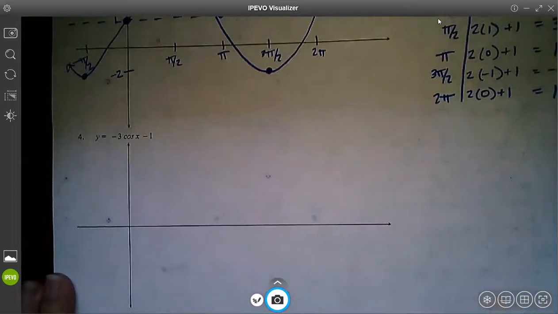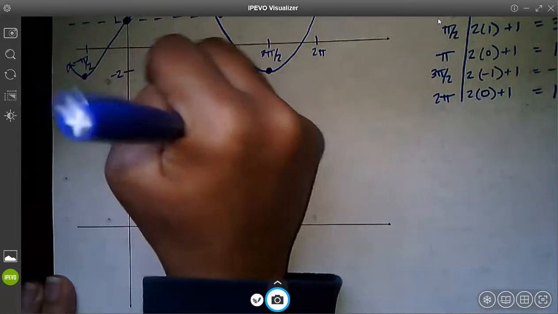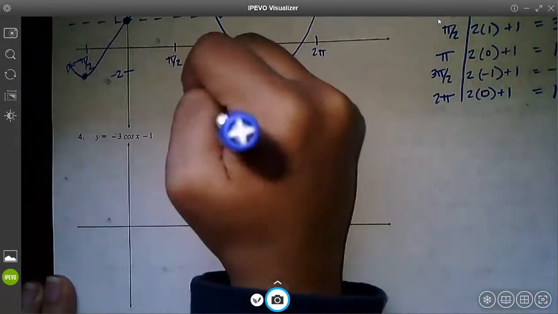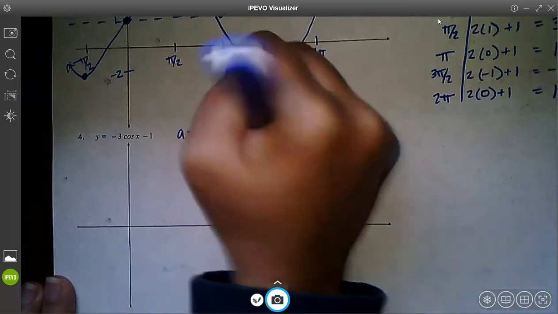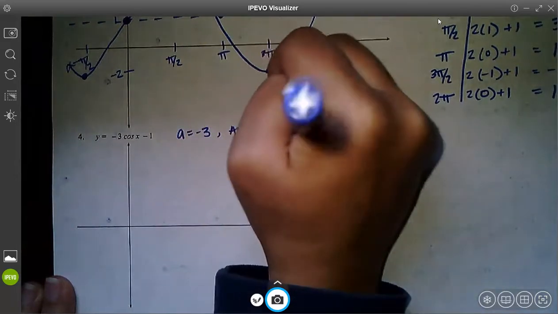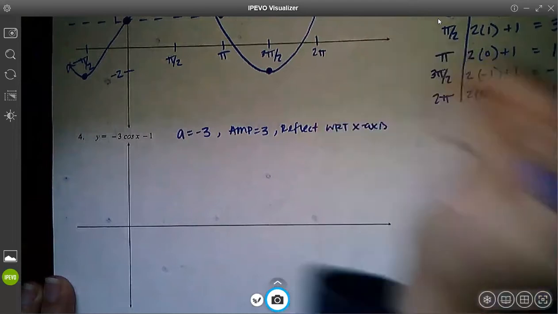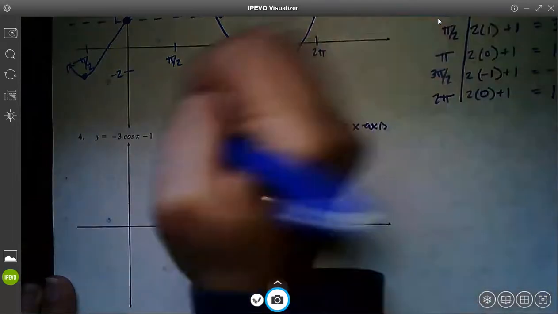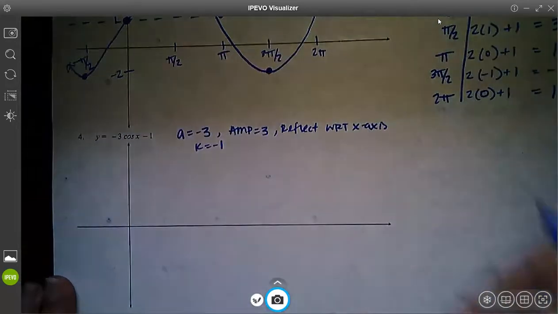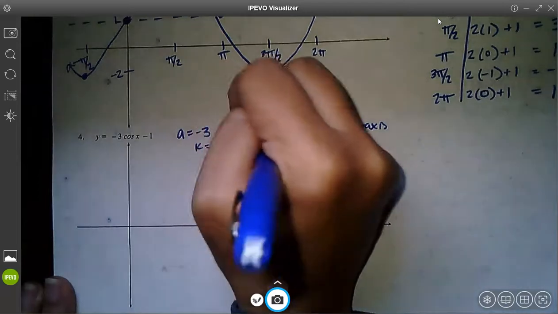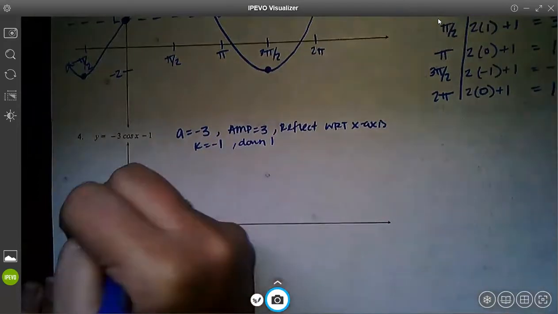And then the last one, we have a negative out front, so A equals -3. So that means our amplitude is 3, and we reflect with respect to the x-axis. And our K value is -1. So that means we're going down 1. So I'm going to start with my shift of -1.